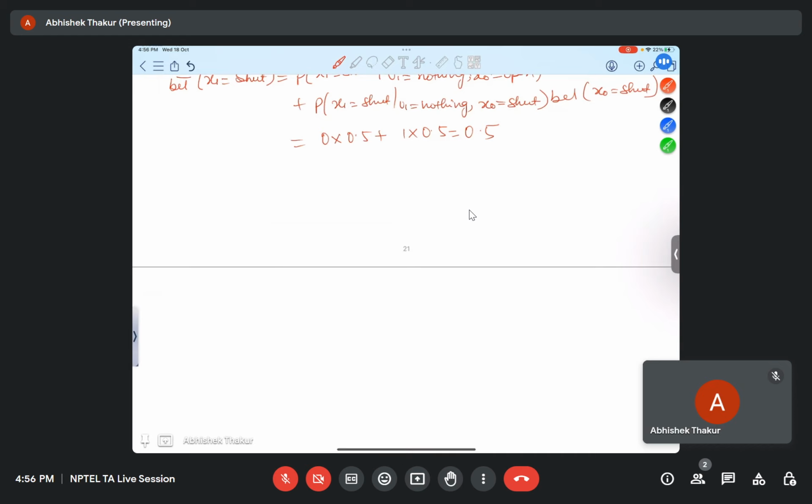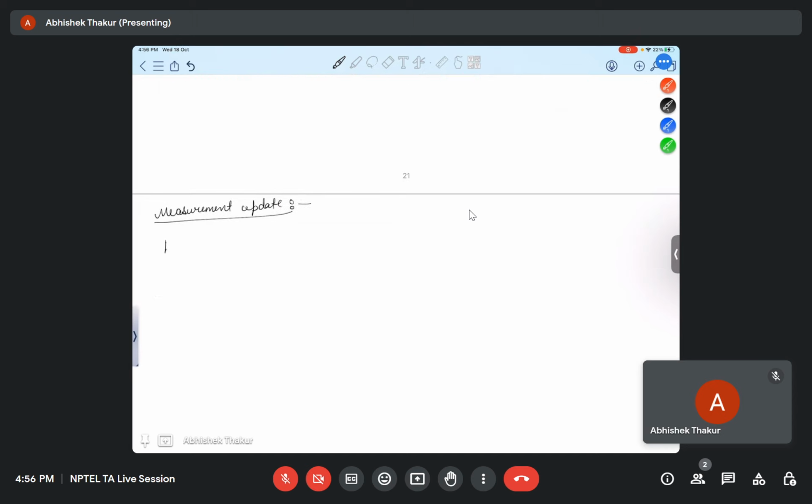Now we will do the measurement update. So belief of x1 is equal to open is equal to eta times probability of z1 is equal to shut such that x1 is equal to open, into belief bar of x1 is equal to open.